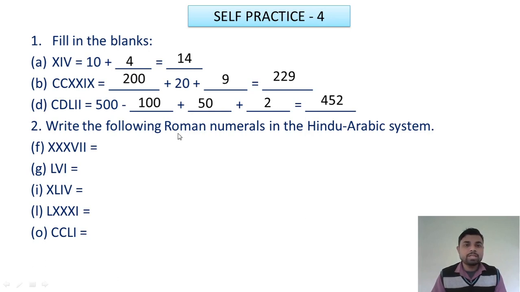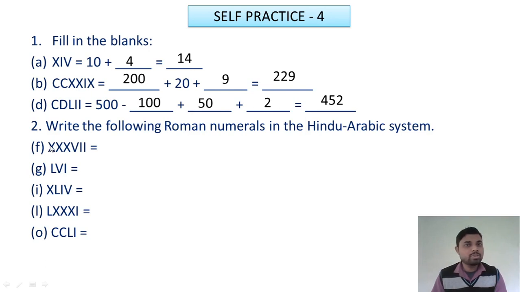Write the following numerals in the Hindu Arabic system. So first we will solve F. Dear students, the left sums you solve on your own. So if you learn here properly, if your concept is clear here, then you can easily solve the homework.